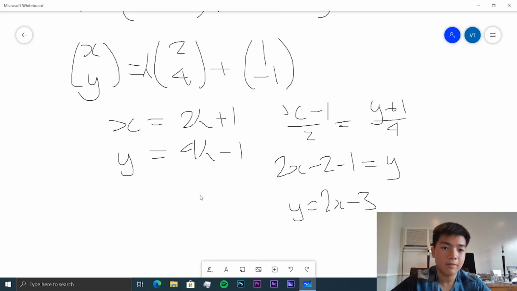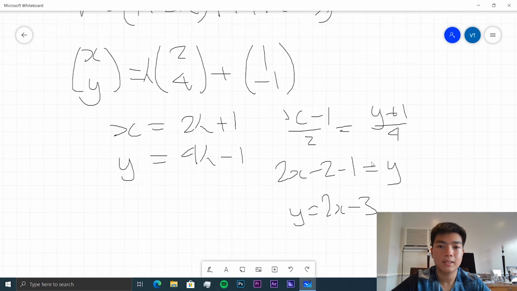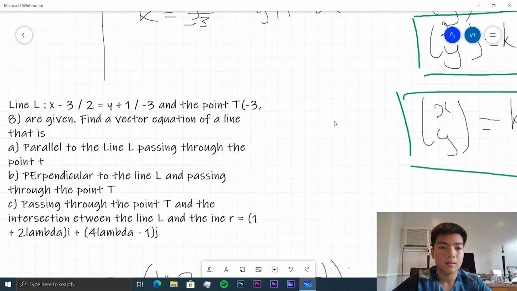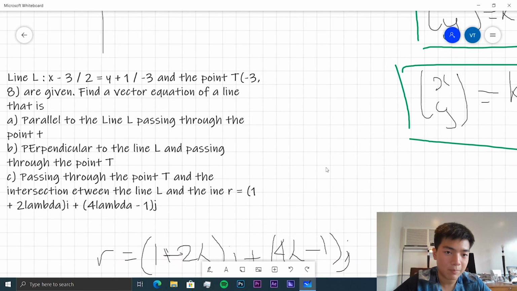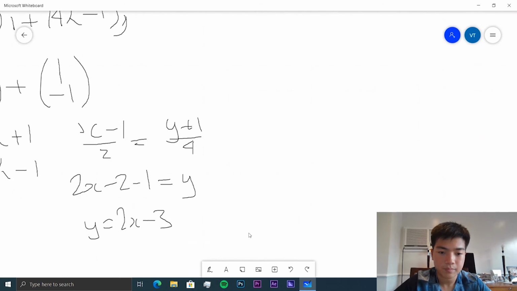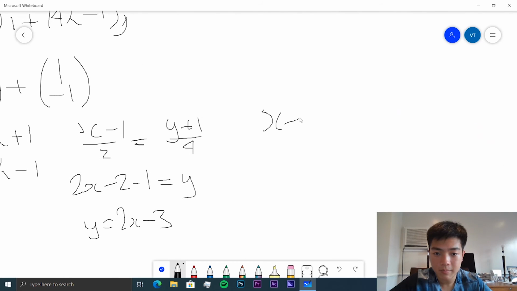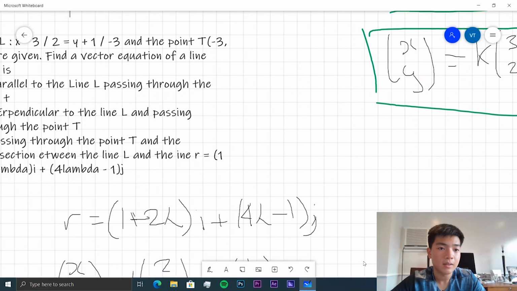And the other line we need to intersect it with is (x minus 3) over 2 equals (y plus 1) over negative 3.